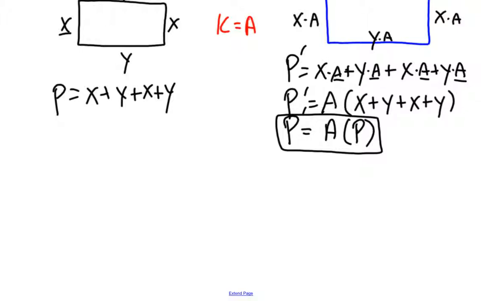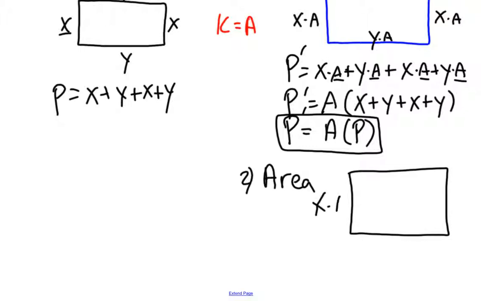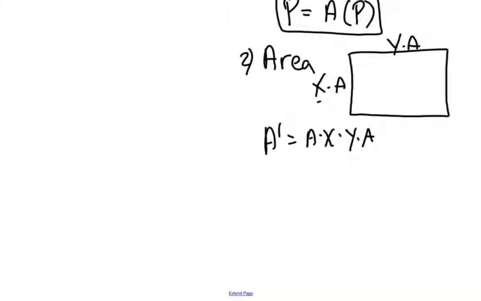So if we keep continuing that idea, and now we consider area, okay? Still with the K factor of A, still with the same rectangle, x times A, y times A. This new area is going to be A times x times y times A, just the 2 sides being multiplied. Again, a little fancy algebra.